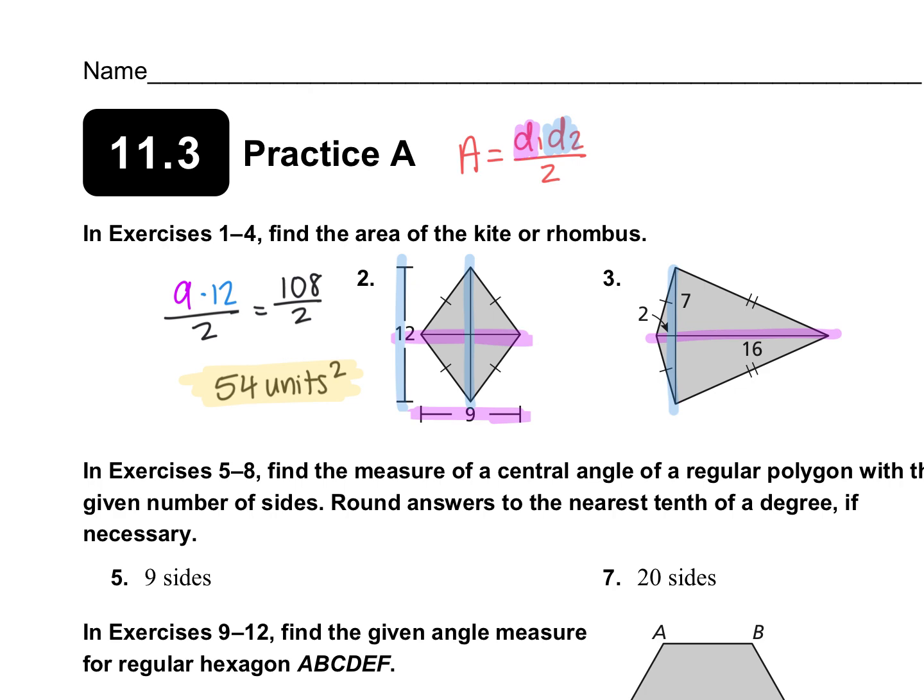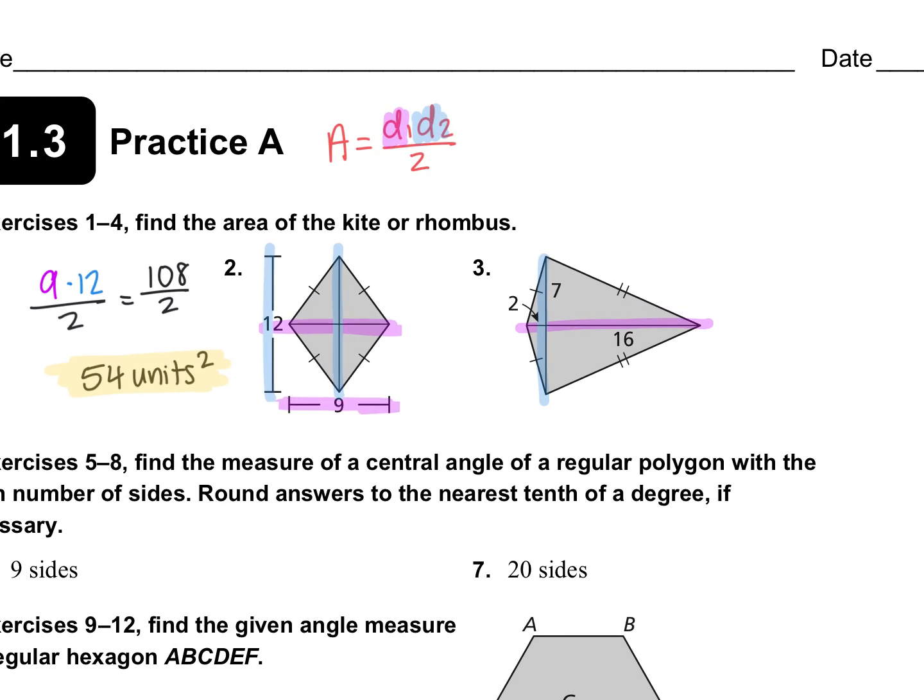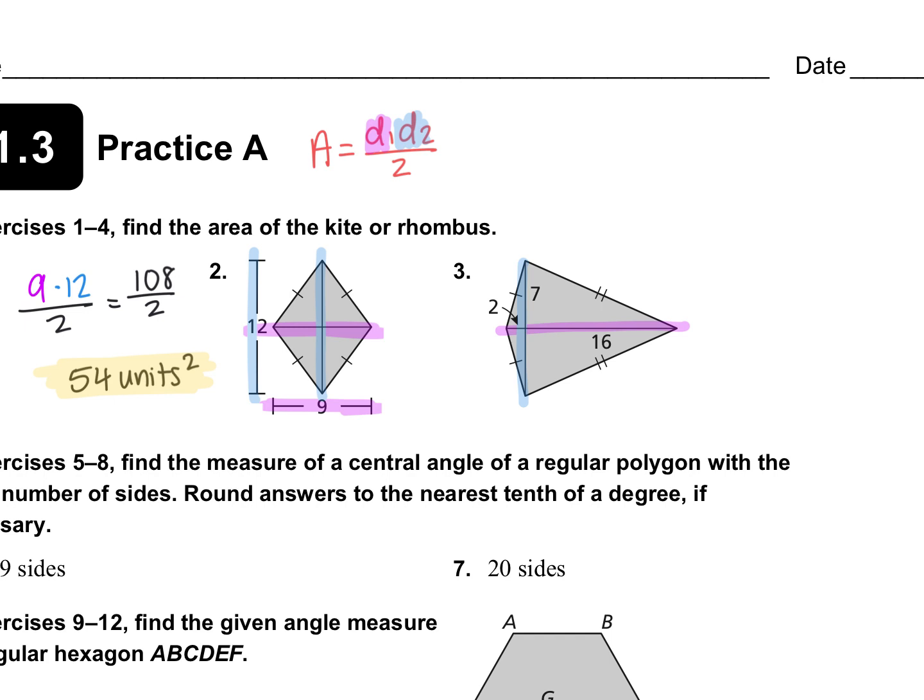And then looking at number 3, what's the measurement for my base, for my horizontal line? 18. Okay, it's not 16. You have to add it. Yes, please don't forget that. You're going to get 18 times what? 14. Good. 7 and 7 make 14. And then you're dividing it by 2.